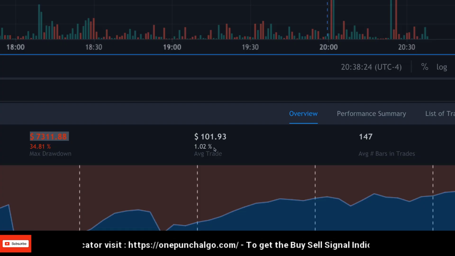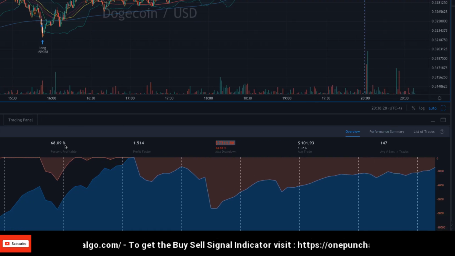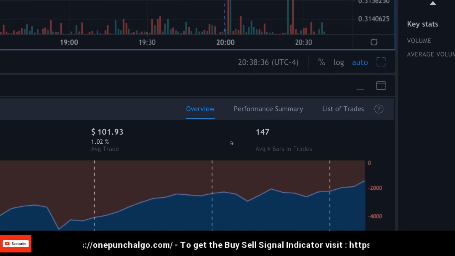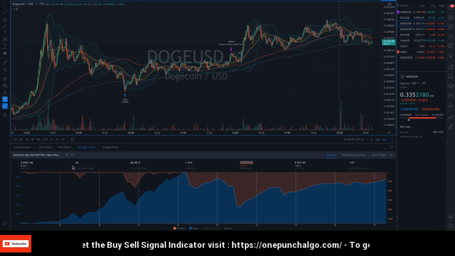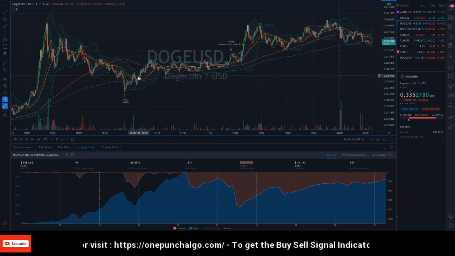So average trade: out of all the 94 trades, this is the average net percent, and it's 1.02. These are the average bars in trades. That means for every buy it is holding for 147 bars on average, so 147 minutes.